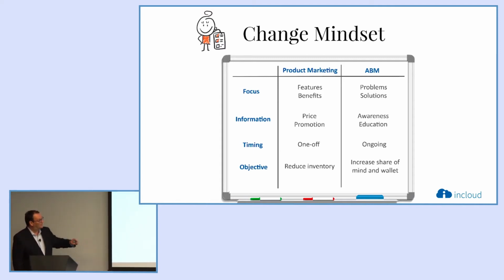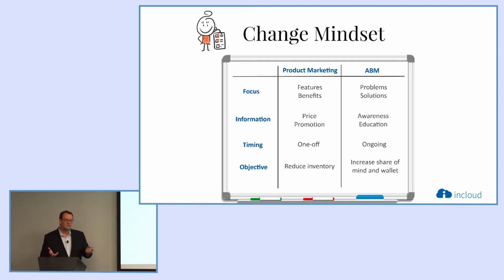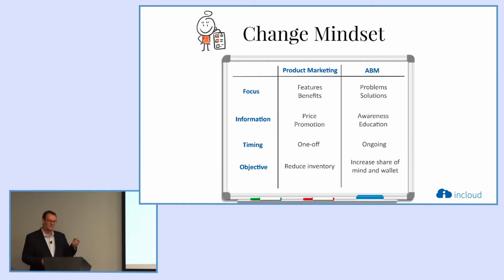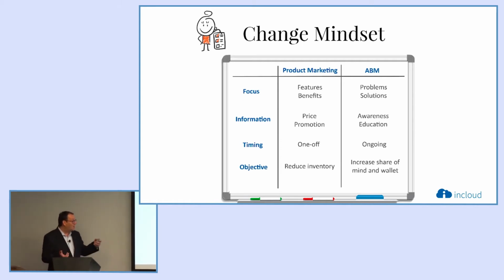On the ABM side, our job is to look at real-world problems, the specific needs of our customers, and then tailor those solutions through personalization and allowing ourselves to move into building awareness and education first with our clients rather than trying to go for the hard sell and the cold calling, right? The timing is about an ongoing campaign.